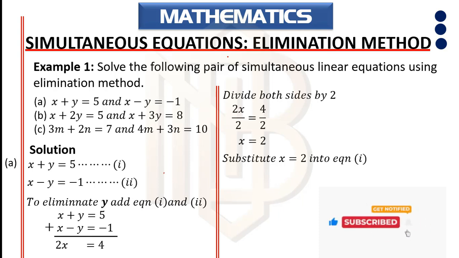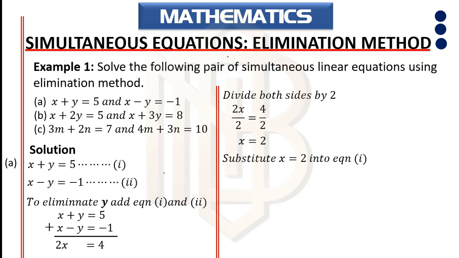You can choose any of the equations, but in this case, we choose equation 1. If you choose 2, you will be correct, because what you got here, you got from combining the two equations, so the value should be able to enter any of them.